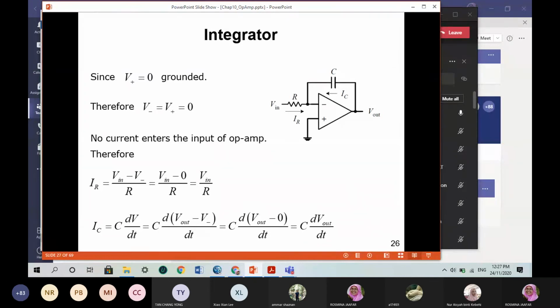So you will have IC as a response of decay due to the presence of the capacitor.